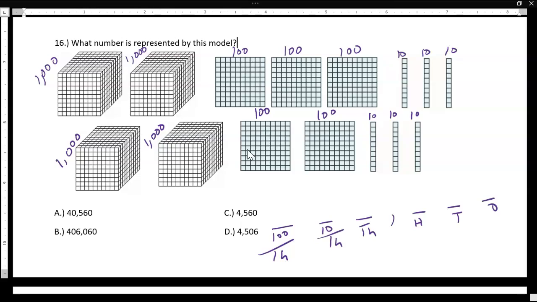No. Do we have any 10,000s? No. Do we have any thousands? Yes, we have 4. So 4 goes in the thousands place. Do we have any hundreds? Yes, 5. 5 goes in the hundreds place. What about tens? Yes, 6. And then how many ones? 0. Okay, so here is our number right here.